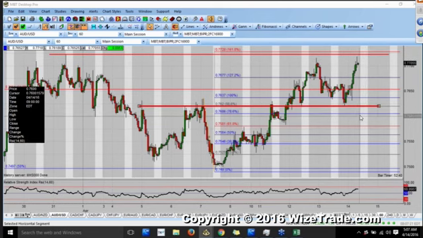I still have a short Aussie dollar. My cost average is 76.75 right now. I'm down 31 pips in it. I'm sitting in it. It's not a big position. It's actually quite small because it was a half-size position to start off with, and I closed out part of it.